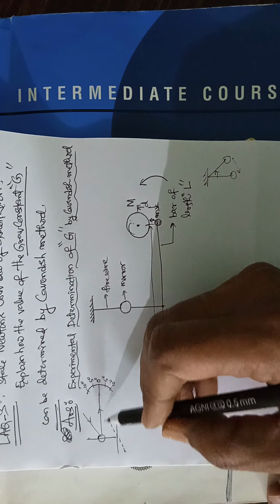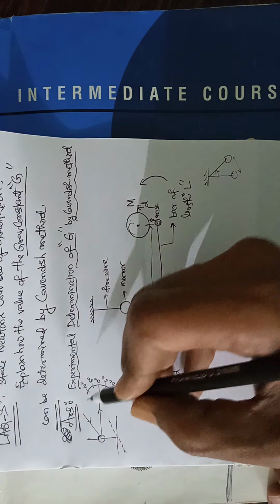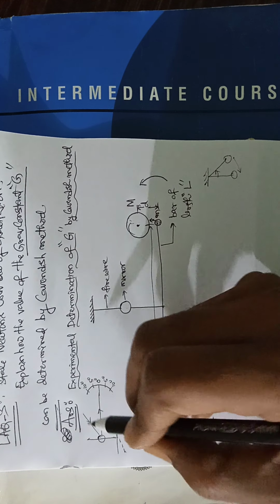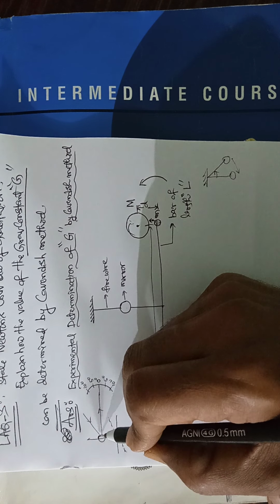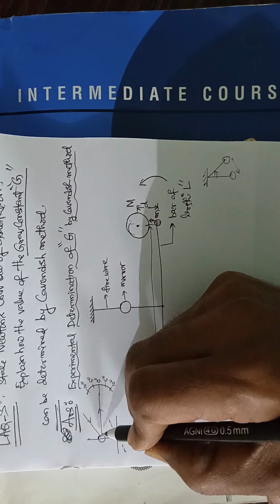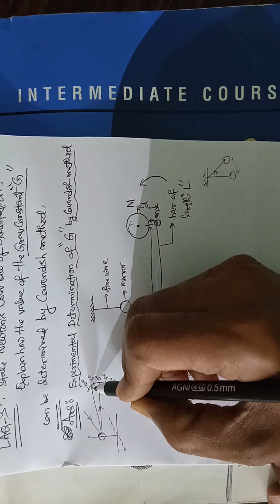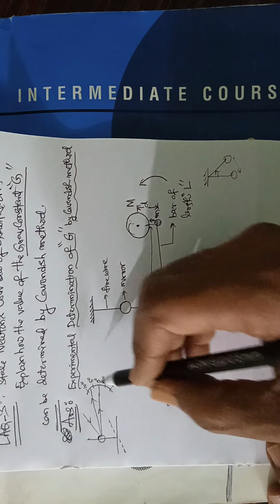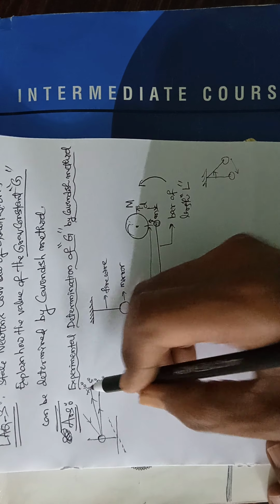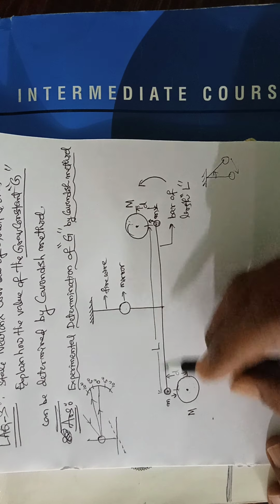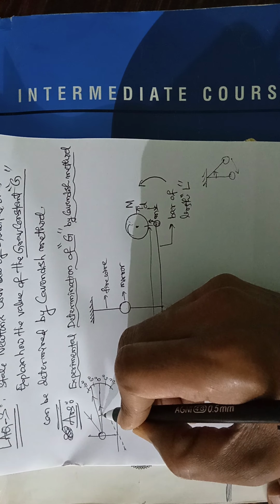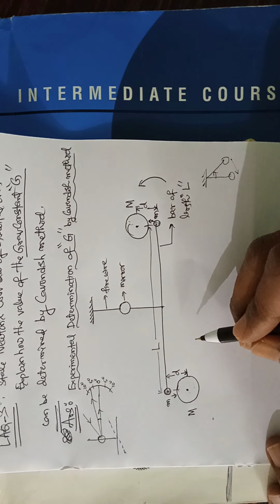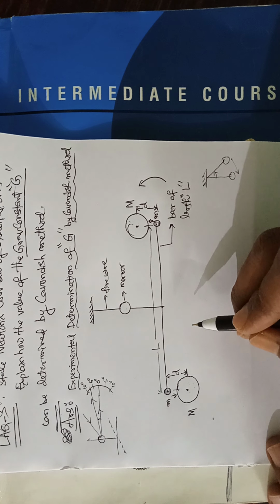When the bar is deflected, this mirror also gets deflected, and this time the light falls on this side. Now here the reading is taken. In that way, the deflection is measured.